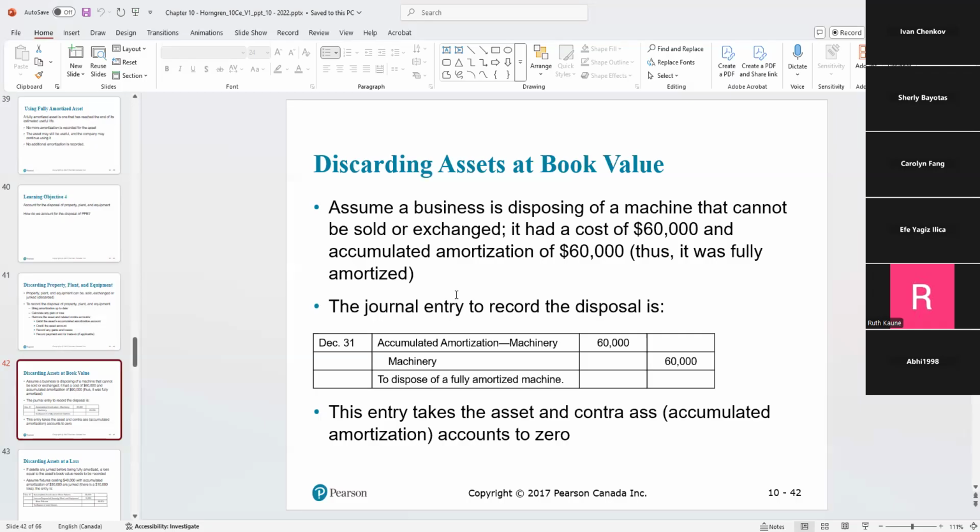So if that happens, accumulated amortization should be equal to the cost of the asset. So what you have to do is write off the asset by crediting the asset, write off the accumulated amortization related to that particular asset, and you clean your balance sheet.